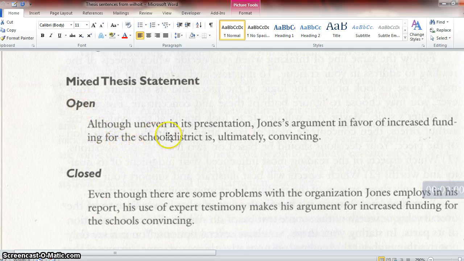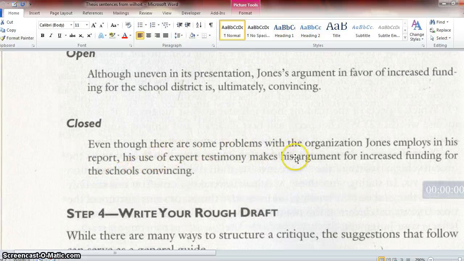So here's an open one. Although uneven in its presentation, Jones' argument in favor of increased funding for the school district is ultimately convincing. So it's convincing, but they didn't like some stuff about it. But again, it's open in that they're not very clear about what those things are. For the closed one, even though there are some problems with the organization Jones employs in his report, his use of expert testimony makes his argument for increased funding to the schools convincing.